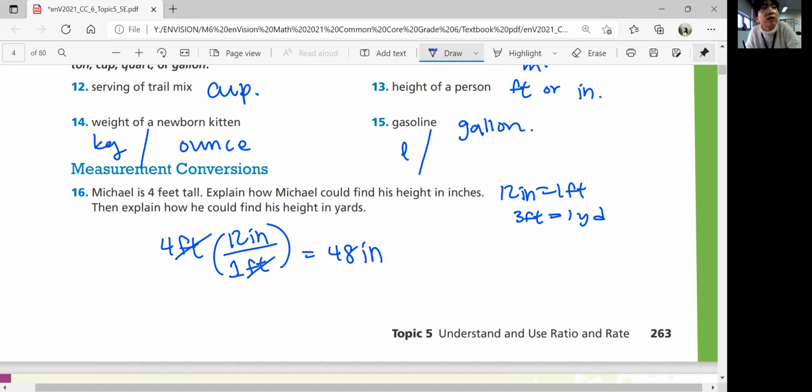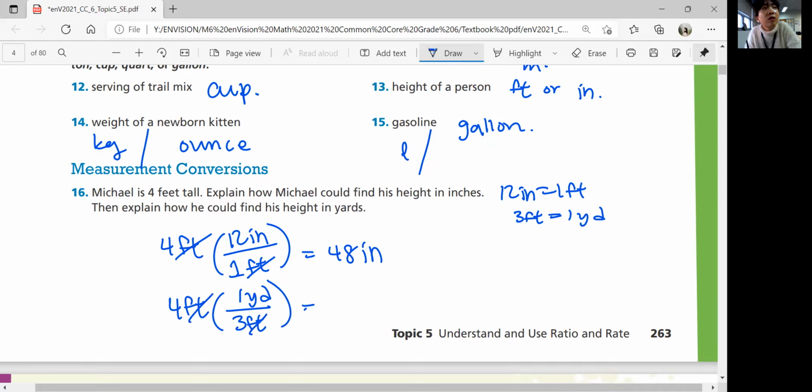And then how do you find the height in yards? You're going to start with 4 feet. So 4 feet times, again, 3 feet in the denominator and 1 yard, so that you can cancel out feet.